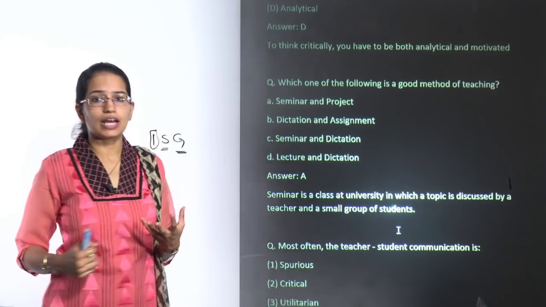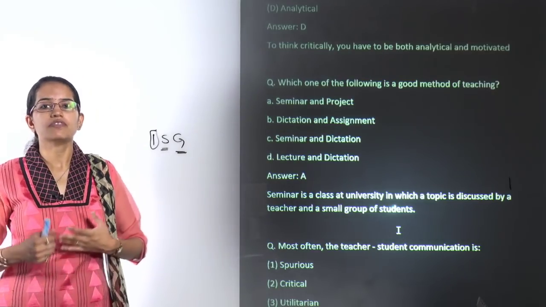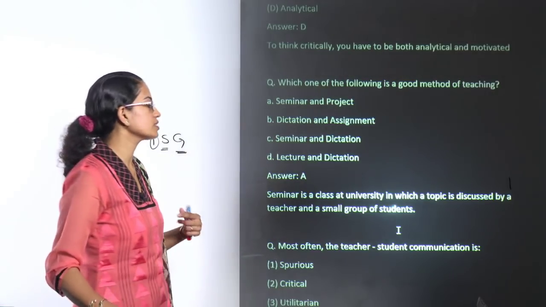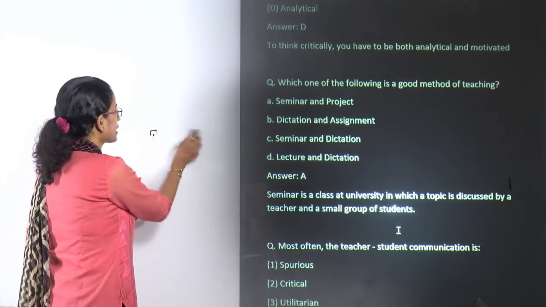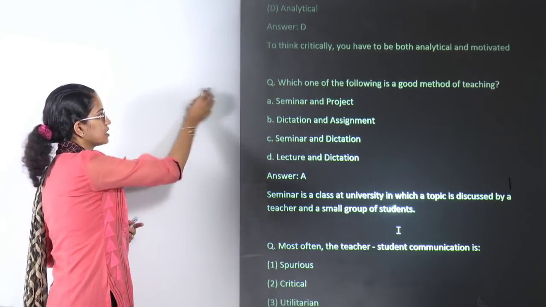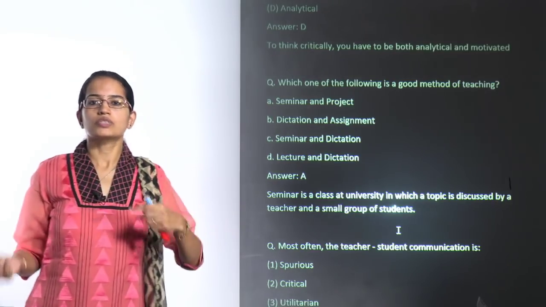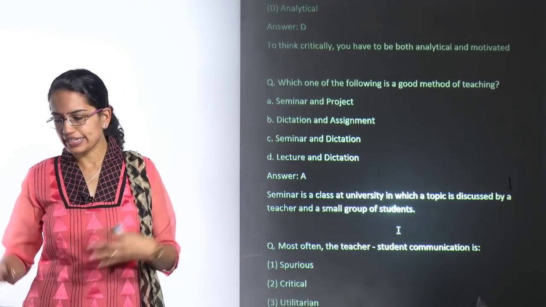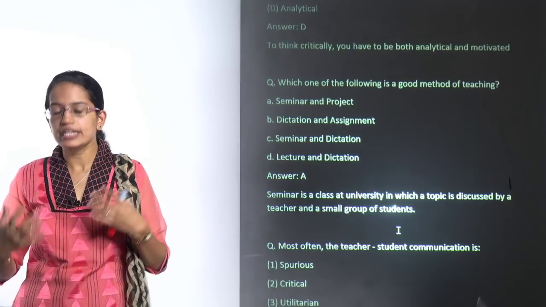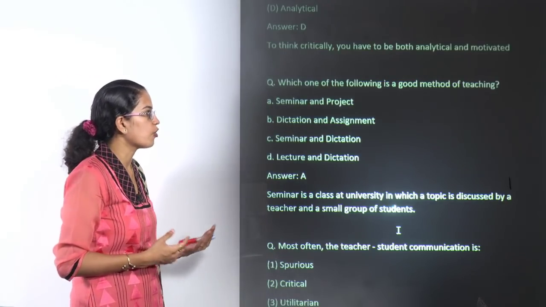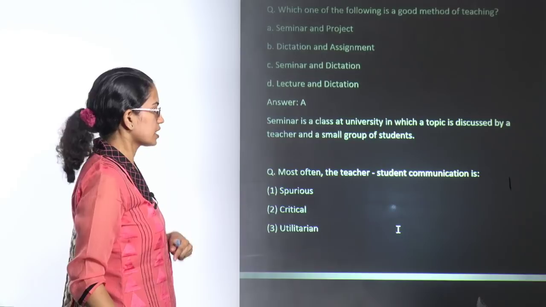The next is, which of the following is a good method for teaching? Now we say seminar and a project is one of the very good methods of teaching, because the teacher discusses the topic under seminar, and under project you are given some kind of activity that has to be done. So it's both a kind of discussion and an activity involvement from the other side that has to be considered, and therefore you have seminar and project as the correct option.